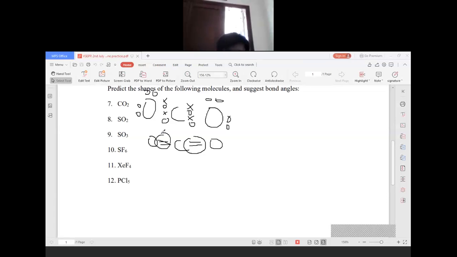Okay, and then SO2. SO2 is similar to carbon dioxide.